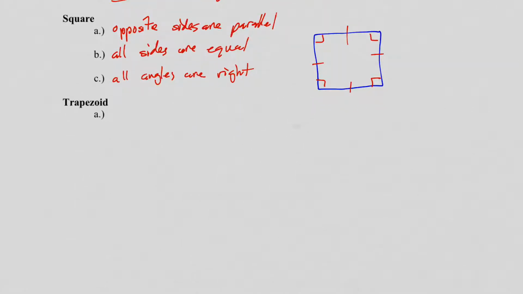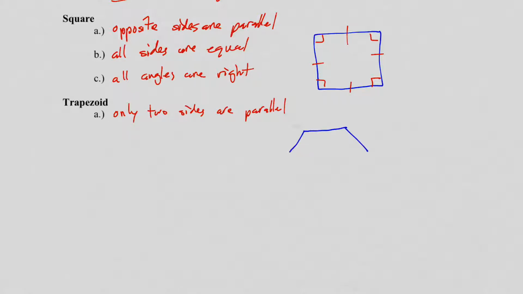Okay, last but not least, we have our trapezoid. And the only characteristic is that only two sides are parallel. Okay. So there's various ways to draw this.